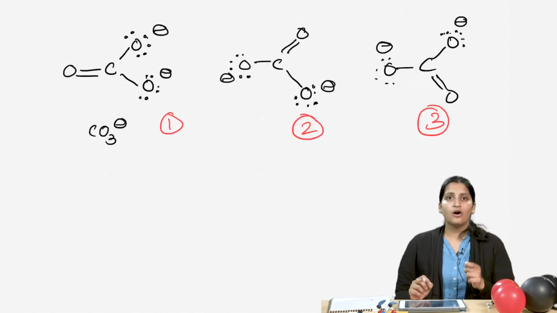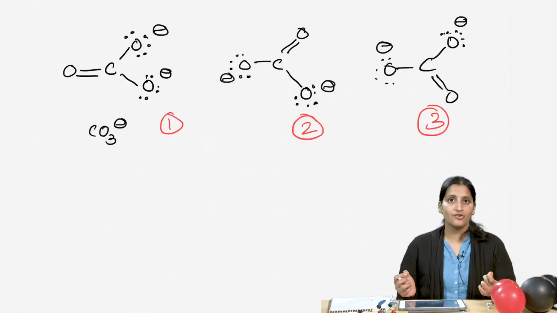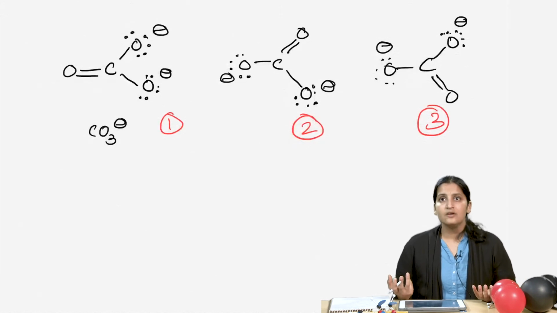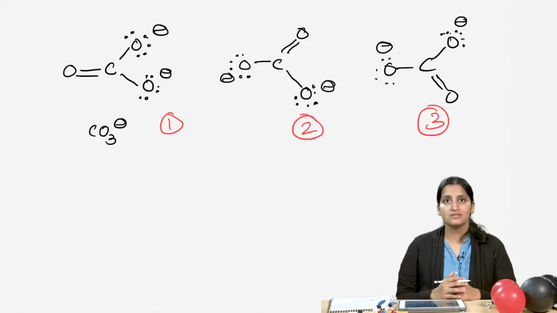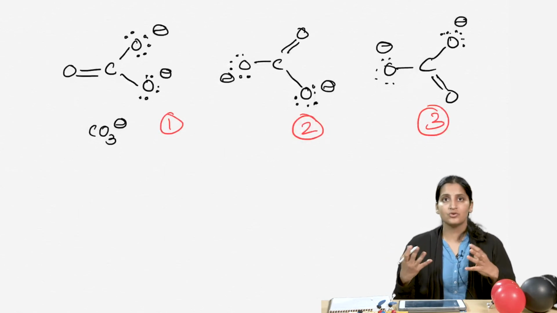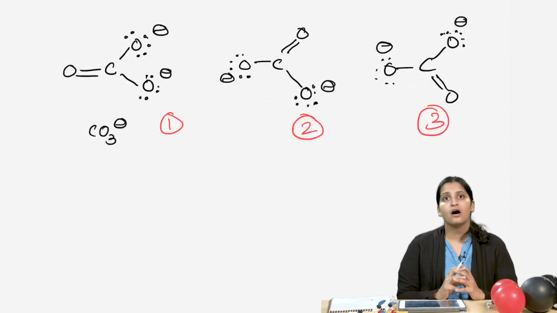You generally cannot move sigma bond electrons, because as you move those electrons you are going to break the bond. So, you cannot make or break sigma bonds in resonance structures. You cannot change the bonding, the arrangement, or the structure of the molecule. What you are allowed to move are the pi bonds or lone pair electrons.